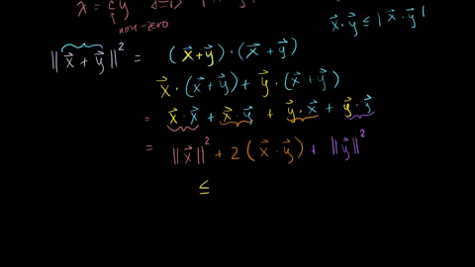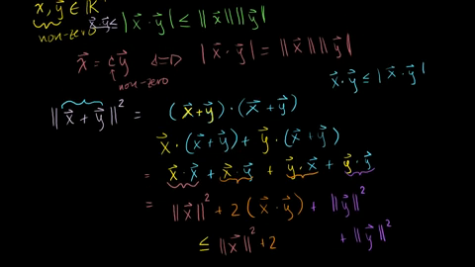of the vectors. So that is definitely less than or equal to, I'm just rewriting the length of x squared, and I'll write the plus 2 there, but I want to make it very clear what I'm replacing here. And then I have the plus length of my vector y squared. Now this, I'm saying, is definitely less than the absolute value of x dot y, which is definitely less, by the Cauchy-Schwarz inequality, than the product of the two lengths.